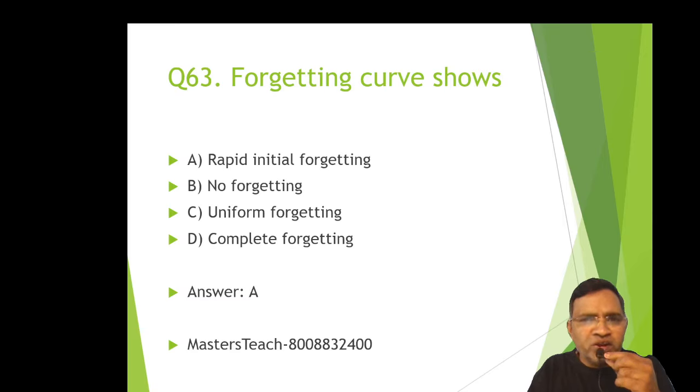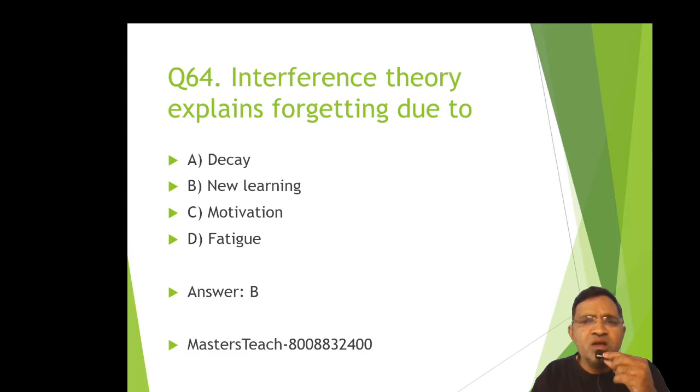So, forgetting curve shows rapid initial forgetting. Answer A. Interference theory explains forgetting due to A. Decay, B. New learning, C. Motivation, D. Fatigue. The answer is B.